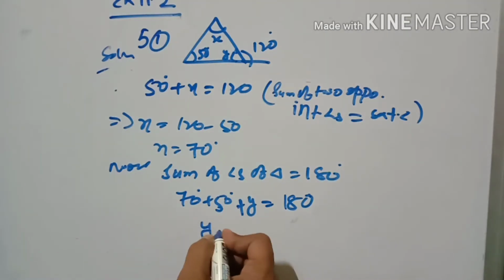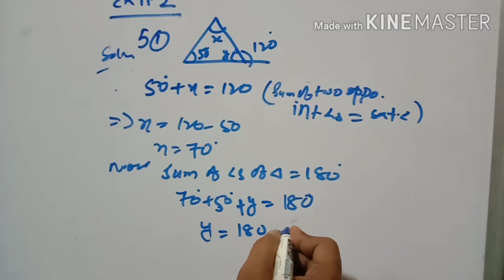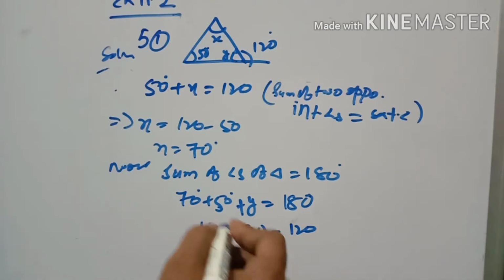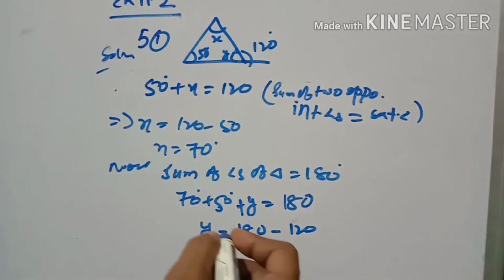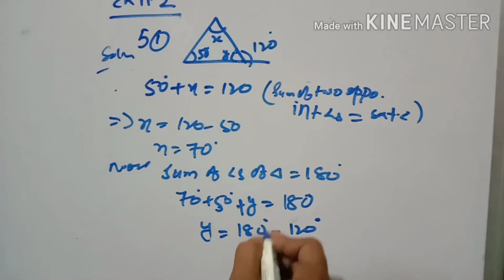So y equal to 180 minus their sum, which is 120 degree. It will be what? Write down 60 degree. It will be 60 degree.